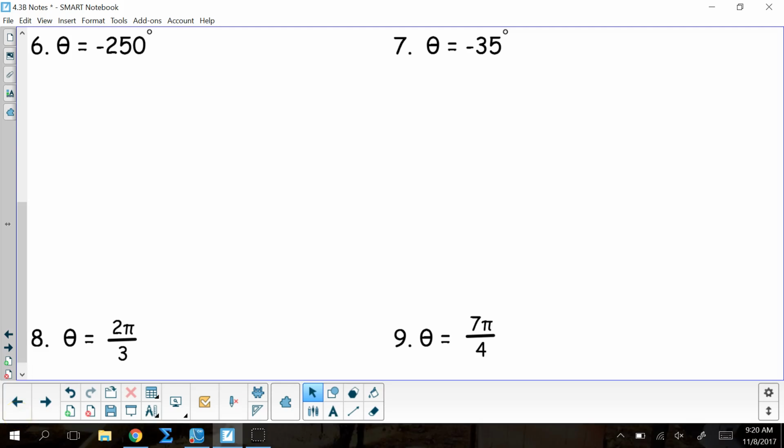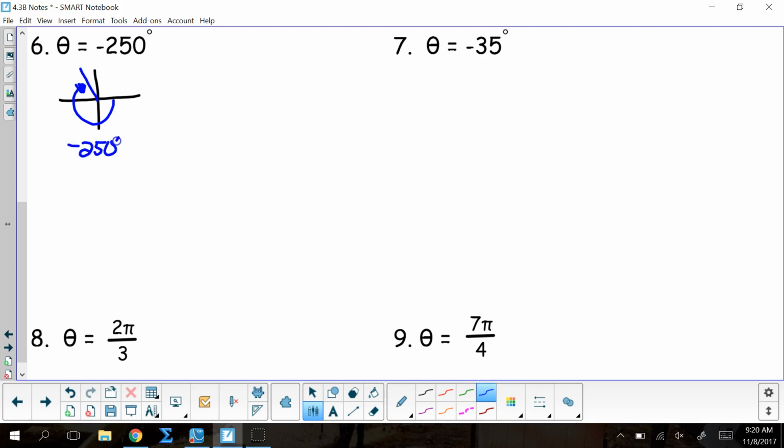Okay. So you, and those of you playing along at home, find me the reference angle and a positive and negative coterminal angle. All right, so negative 250 degrees puts me all the way into quadrant number 2. Which puts my reference angle right there. So that would be 90 to get to there, 180 to get to there.